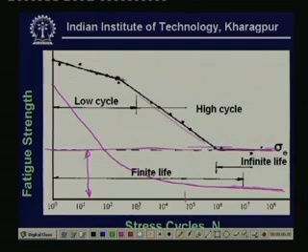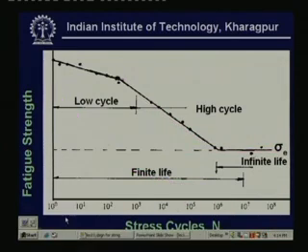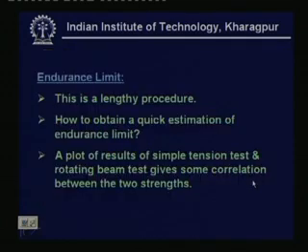Well, if we proceed further, then we see that this endurance limit determination is a very lengthy procedure, and for that reason we can do one plot like that. A plot of results of simple tension test and rotating beam test gives some correlations between these two strengths.